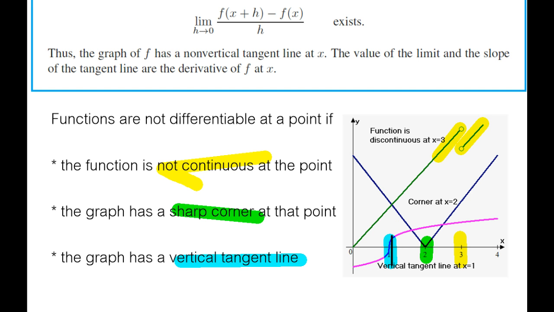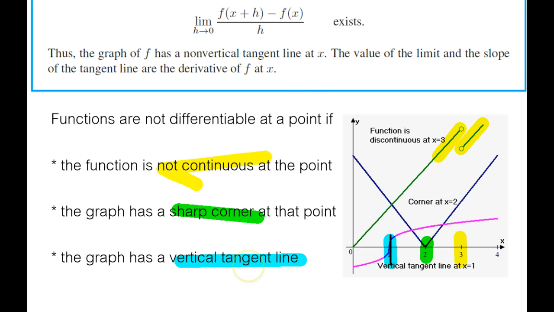And of course, it's going to be almost impossible to draw that accurately, but the closest tangent line would be a vertical or almost vertical line, and as you can see here, that would mean that the change in h would be very, very small, which would mean this function here would be very, very large. And so therefore we cannot have a limit at this point for the slope of the tangent lines.